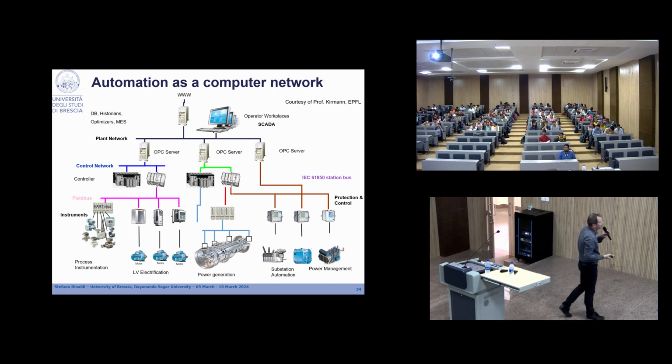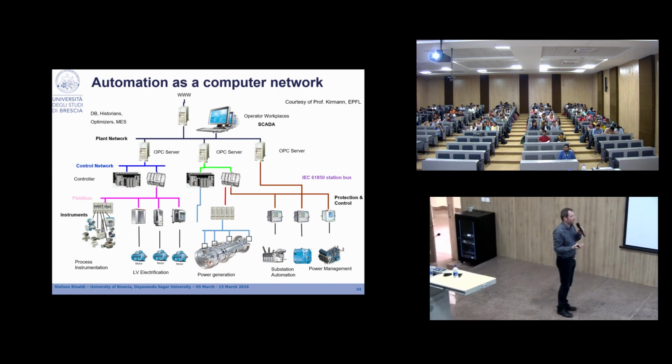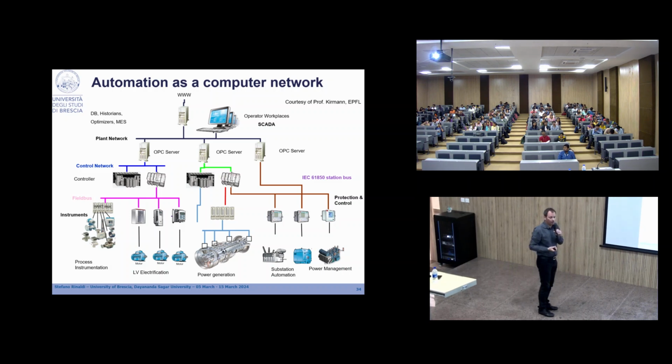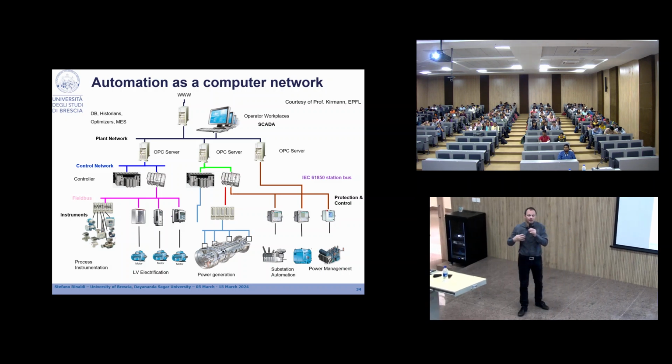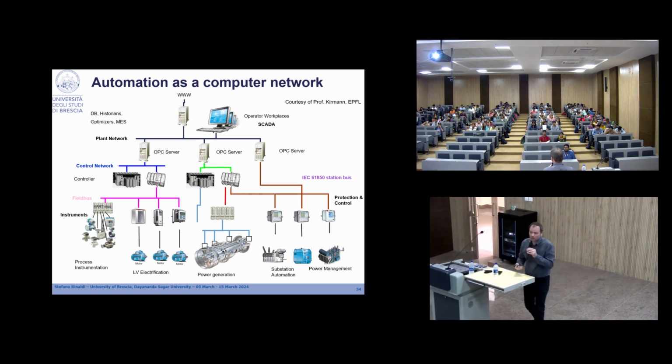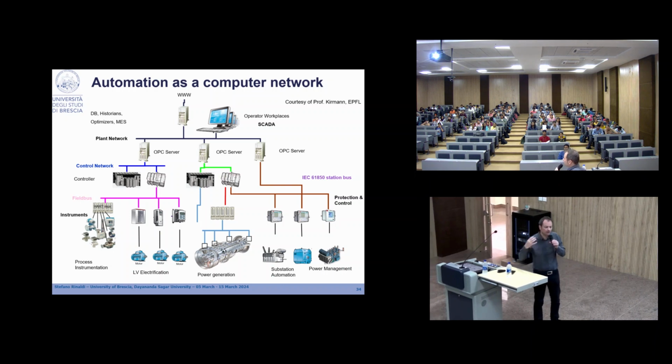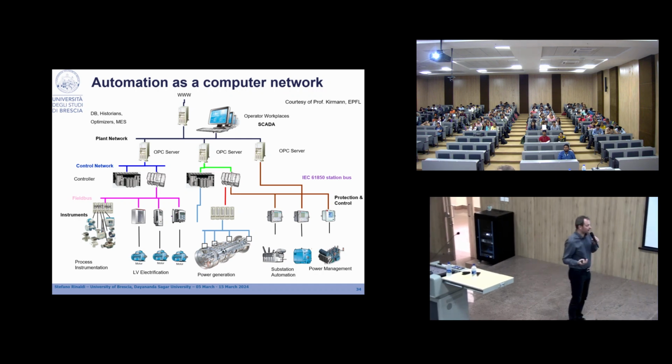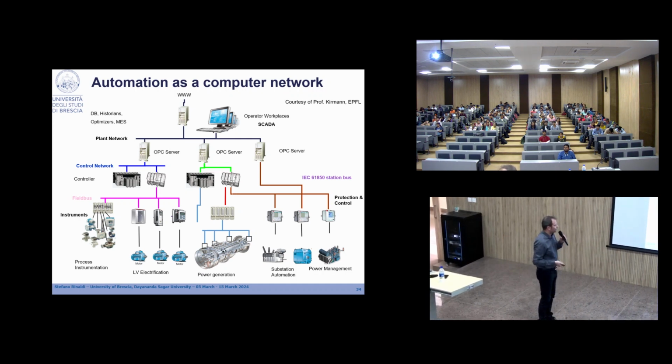That's why an industrial plant is a complex system from the communication point of view, because we have different technologies and different communication protocols that share the same space, and that somehow we need to exchange information between.